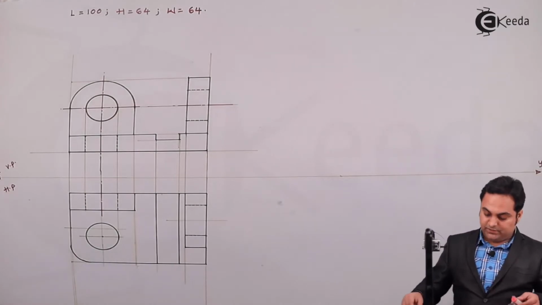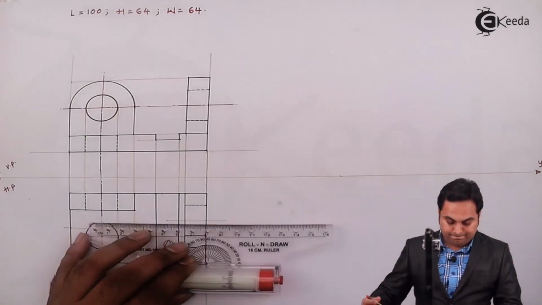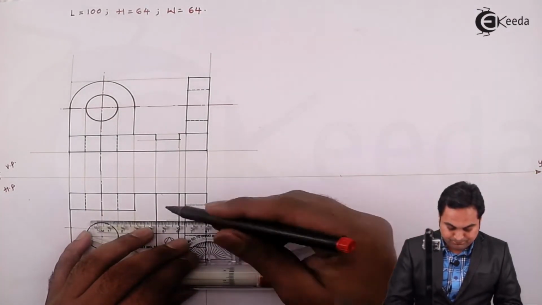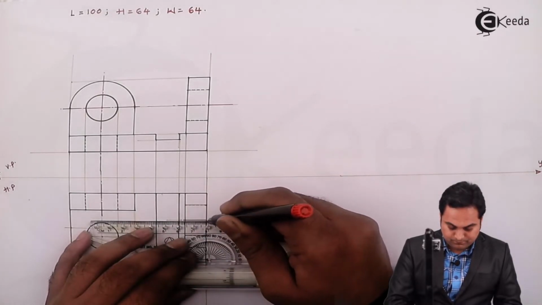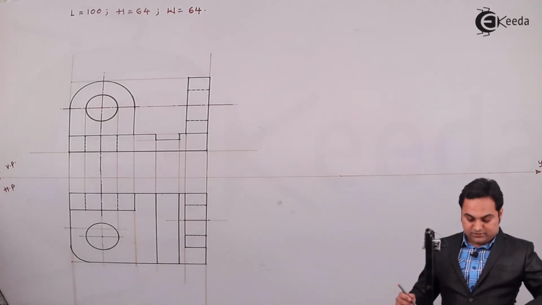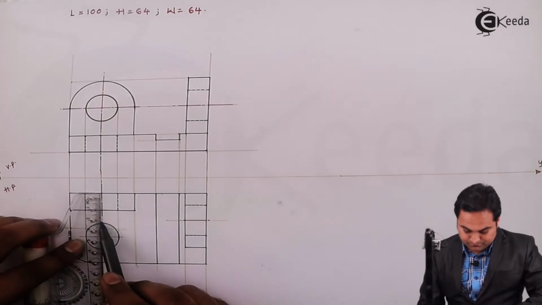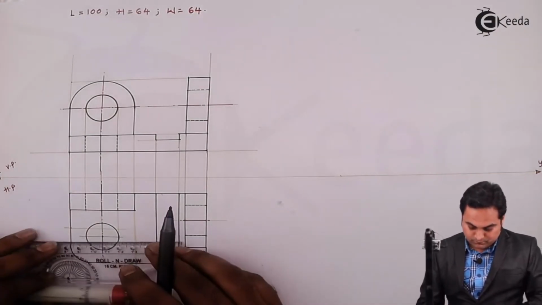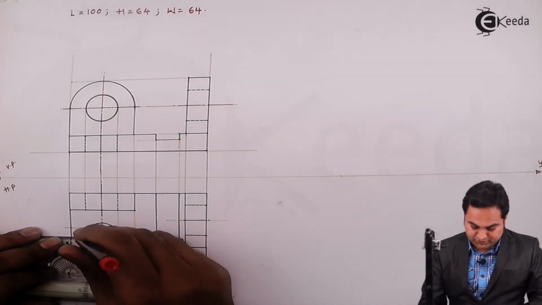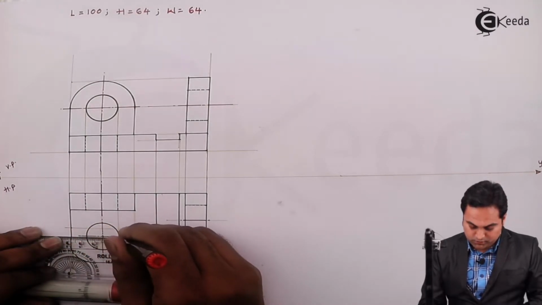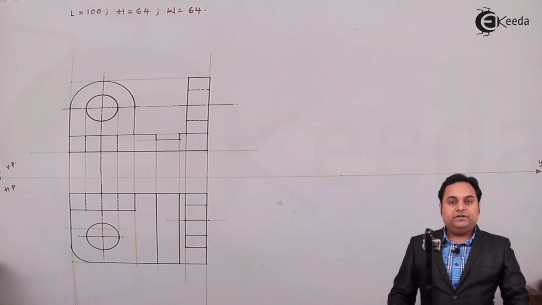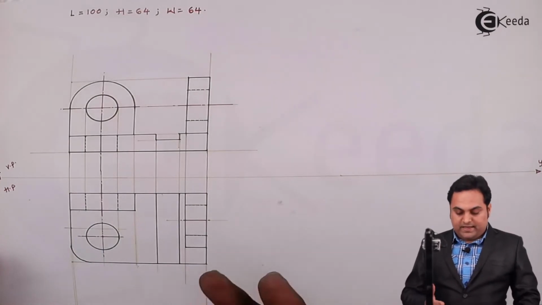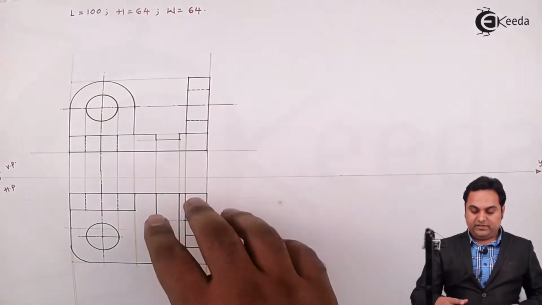So this is the circle which is hidden. Center of that circle. Drawing the center line for this circle as well. So here we complete the top view, and the front view has also been done.